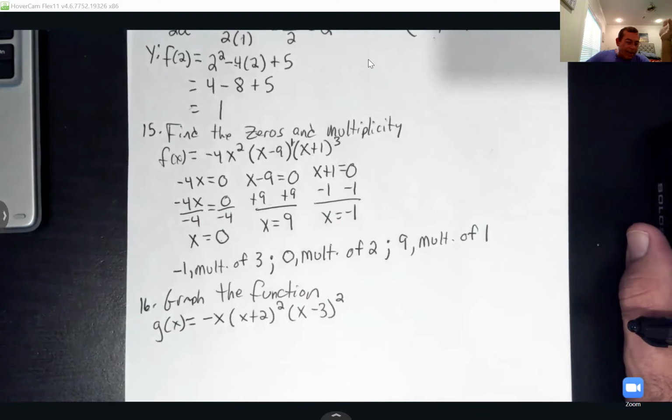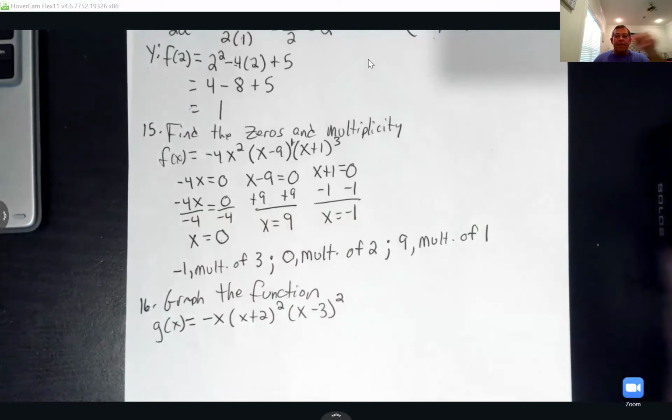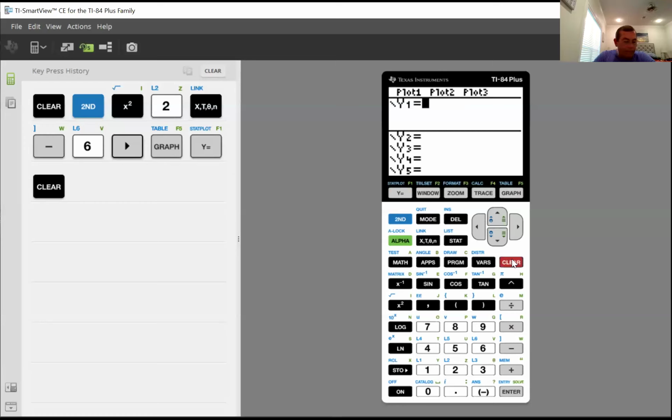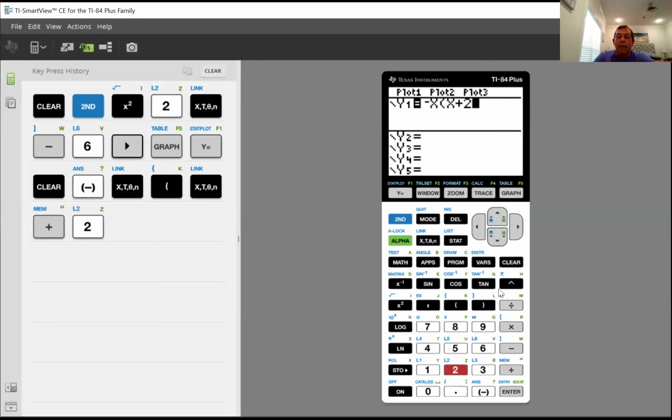So I'm actually just going to go to the calculator and graph it. Go to y equals and clear that one out. And I had negative x, parentheses, x plus 2. That one was squared. And then I had an x minus 3, and that one was squared.